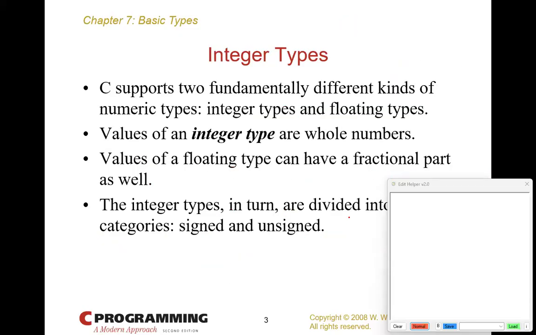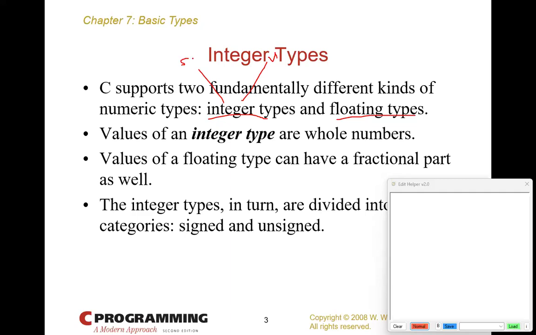Okay, C supports two fundamentally different kinds of numeric types. So we have the integer type and we have the floating point type. These are the two numeric types that we have in C: integer and floating point. So under the integer part, we have the normal integer, the signed and the unsigned.